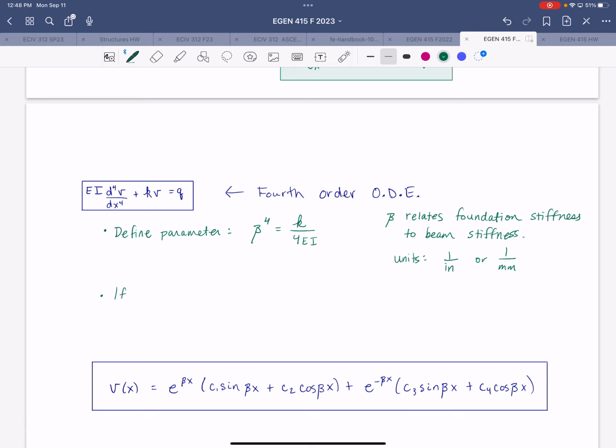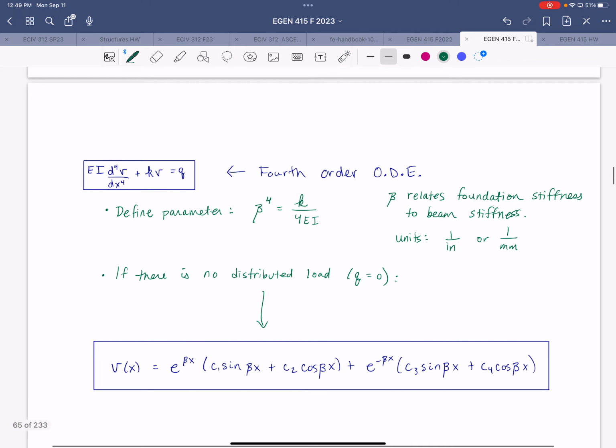And if there is no distributed load, which is the condition we'll consider first, and then later we'll look at cases with distributed loads. But if we have no distributed load, in other words, q is equal to 0, then the solution to that differential equation is shown in the box below.